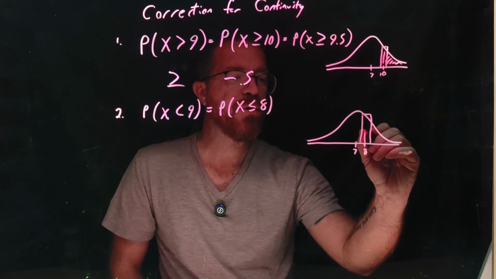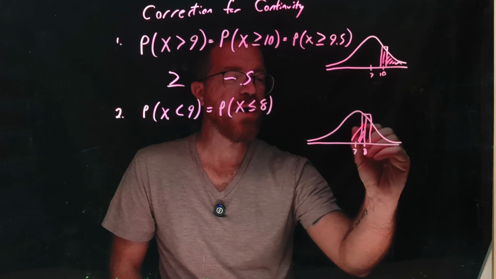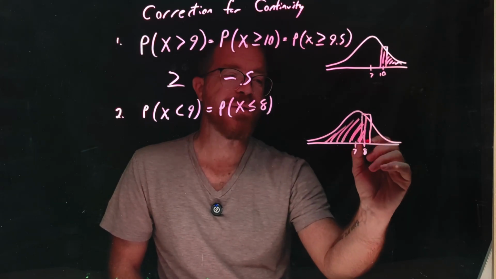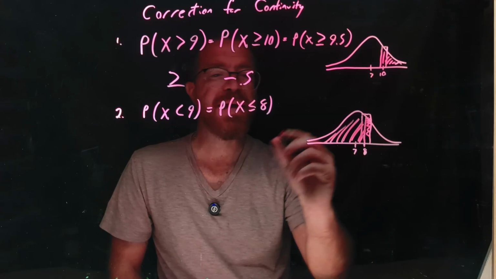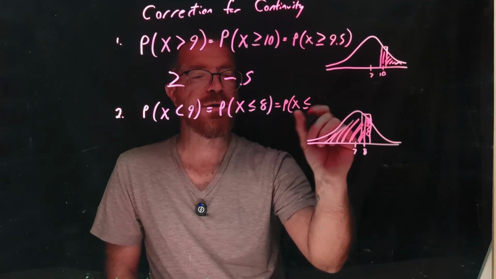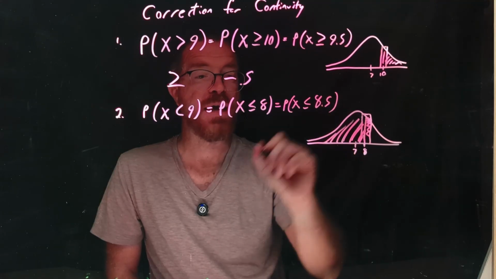So when we do our normal, we're doing everything to the left of where 8 actually is. So in order to include this right half of the box, we need to add 0.5. So this would become probability x is less than or equal to 8.5.